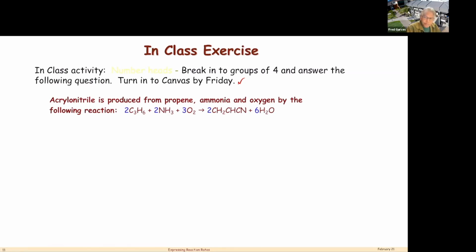It's a pretty complicated reaction in which you have acrylonitrile, that's this guy right here, reacts with ammonia and oxygen to produce acrylonitrile. It's going to be produced from propene. That's this guy right here. That's propene. Ammonia and oxygen produces acrylonitrile and water. So that's the balanced equation.